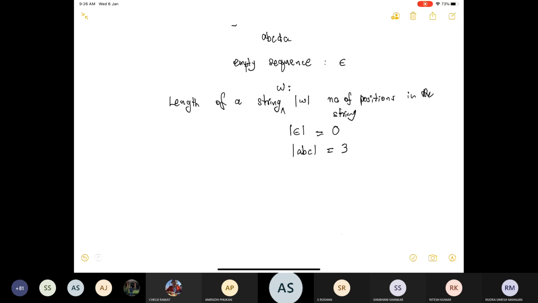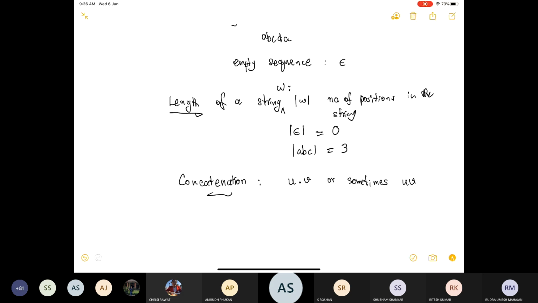Next, we define an operation on strings called concatenation. If U and V are strings, then the concatenation of U and V is written U dot V, or sometimes we just drop the dot and write UV, just as we do in multiplication.